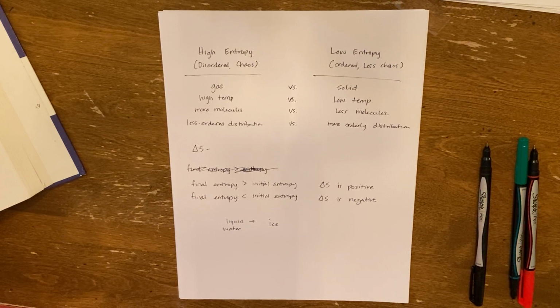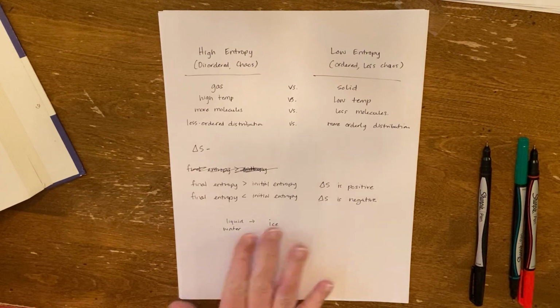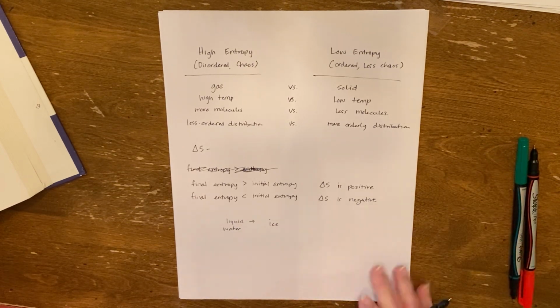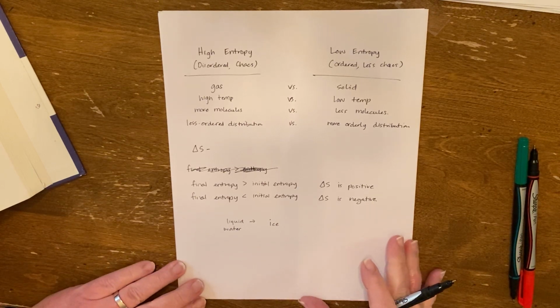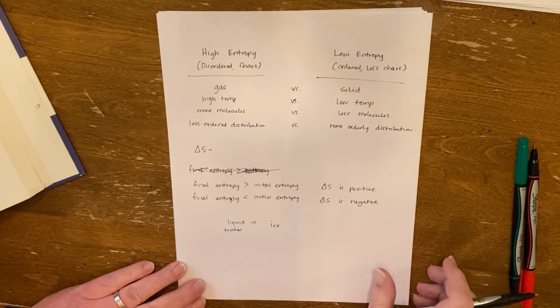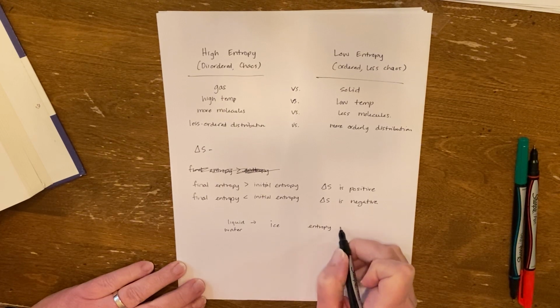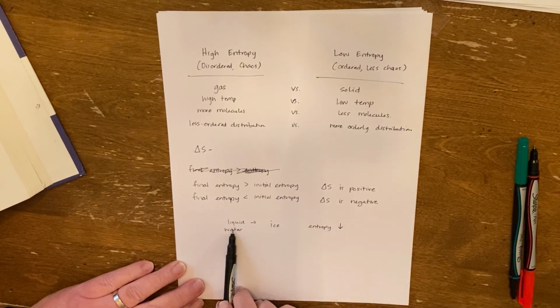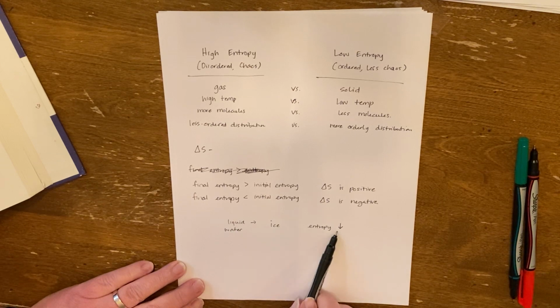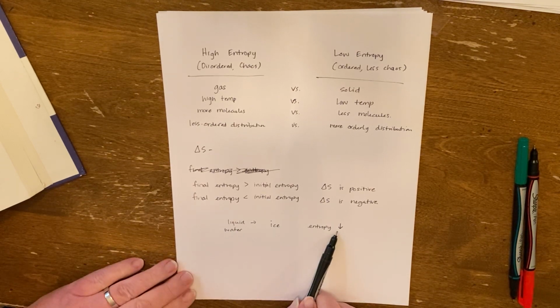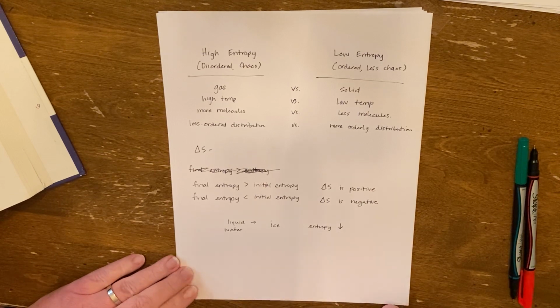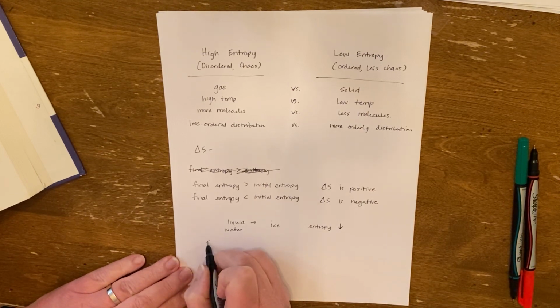All right, so when water freezes, let's look at this example a little bit more closely. When liquid water turns to ice, the entropy actually decreases. But for the water to freeze, the surroundings have to absorb the heat that's released.